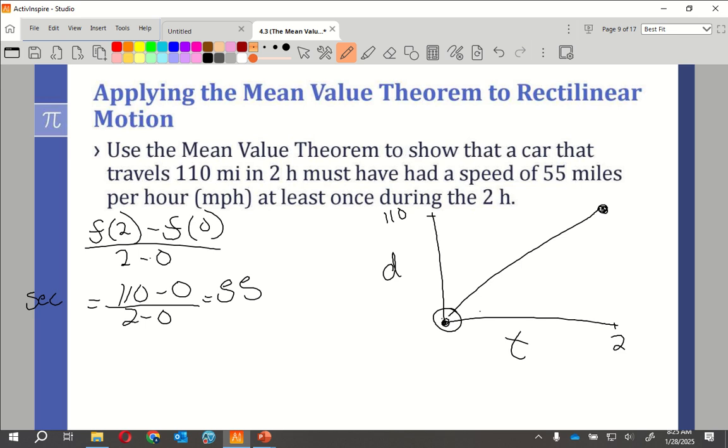So if I start at 0 miles per hour and I somehow end up traveling 110 miles, the average velocity is going to be 55 miles per hour.